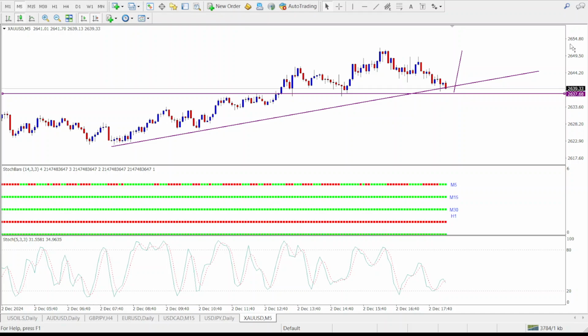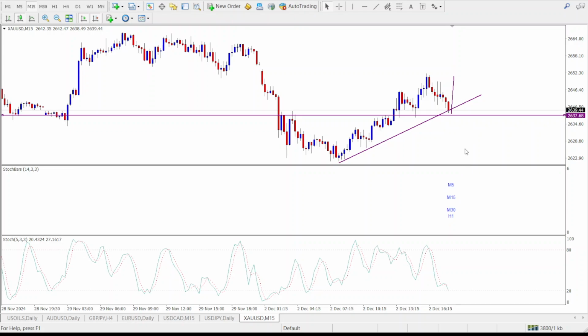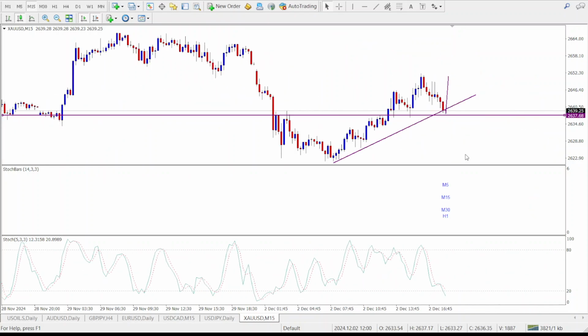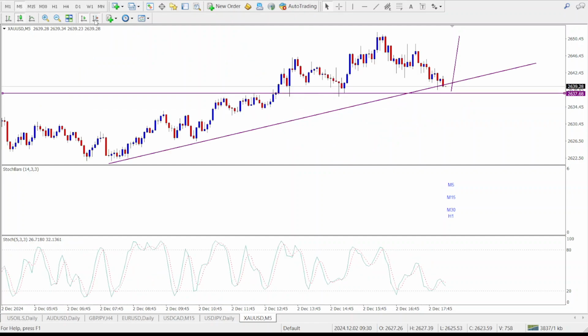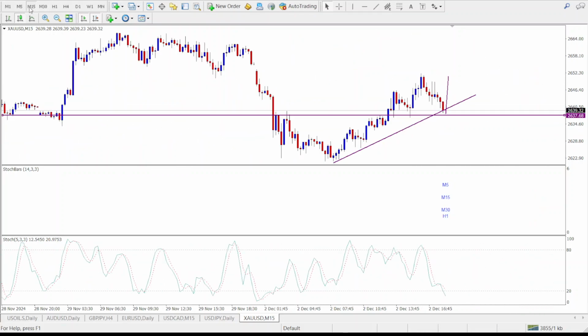Okay, now let us go quickly to the 15 minutes time frame, because we can see that the indicator says that there is a lot of buy activity on the 15-minute time frame. So we want to confirm that.